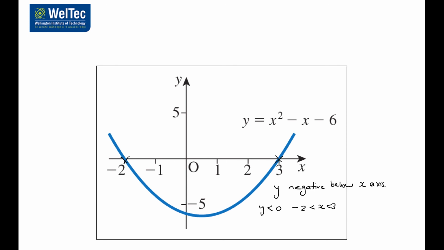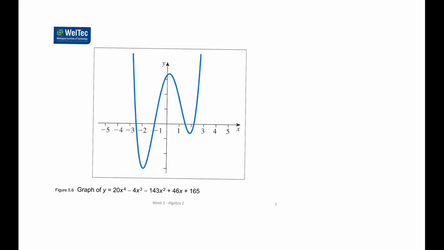Later on in the course, we'll be looking at finding the area between curves and the x-axis. So maybe we wanted to find the area in here. And in order to do that, we need to find these 4 intercepts. Now, it's not that easy. Perhaps you've used Desmos or some other graphical software.